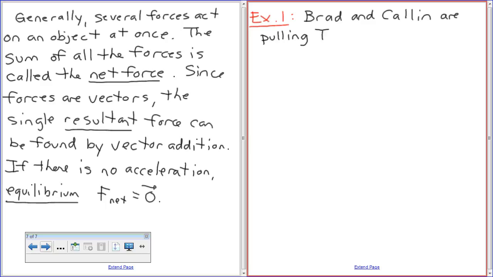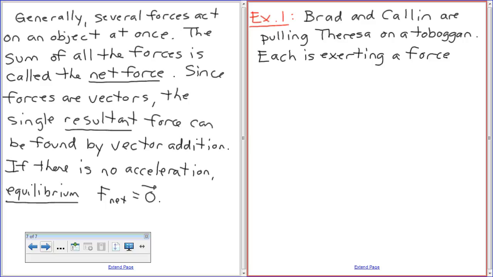Anyway, Brad and Calvin are pulling Teresa on a toboggan. Each is exerting a force of 60 newtons. We're going to say Brad pulls at an angle of 30 degrees to the horizontal.